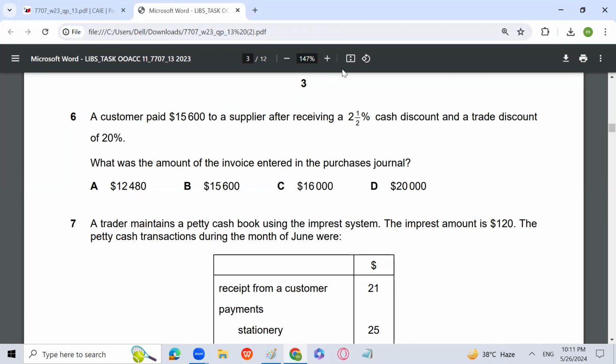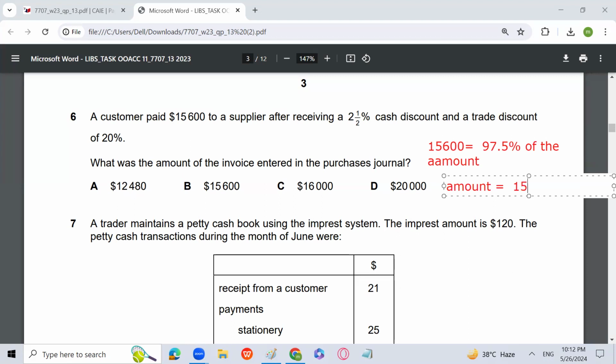So I have to go in reverse. 15,600 is equal to 97.5% of the amount which has been recorded in the purchase journal. So the purchase invoice should have been 15,600 divided by 0.975. You will get the answer, that it will be C, that is 16,000.